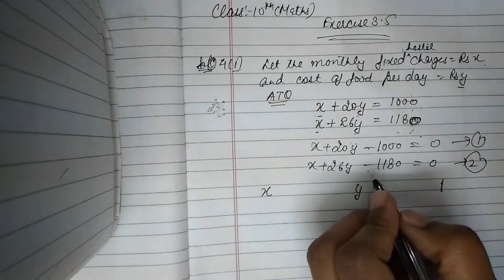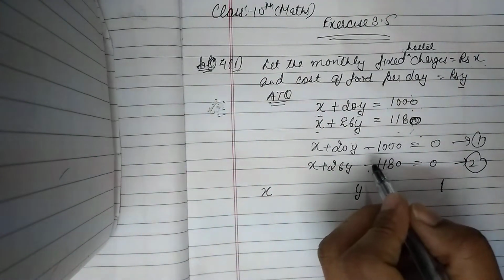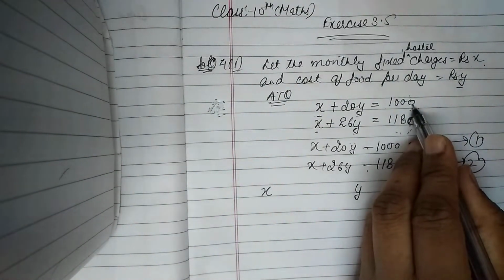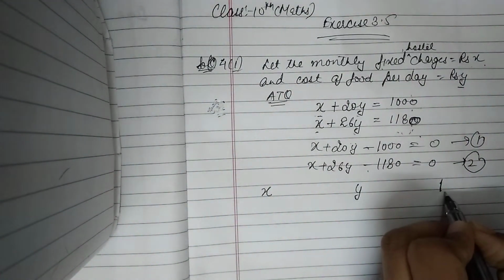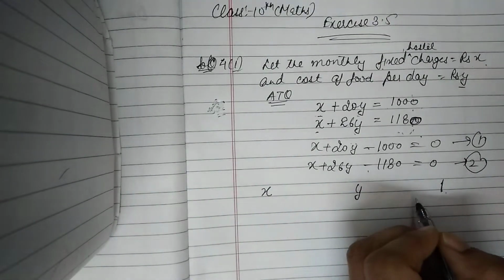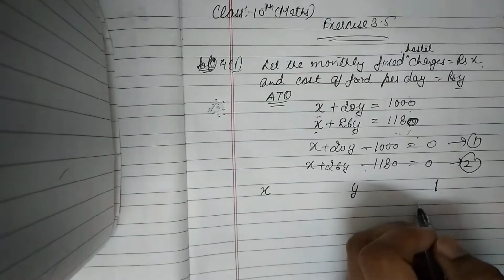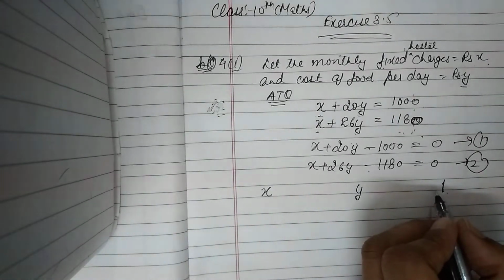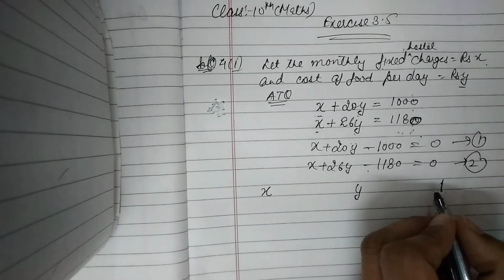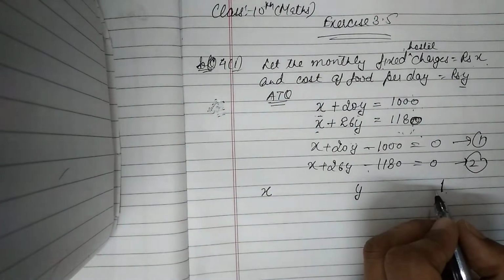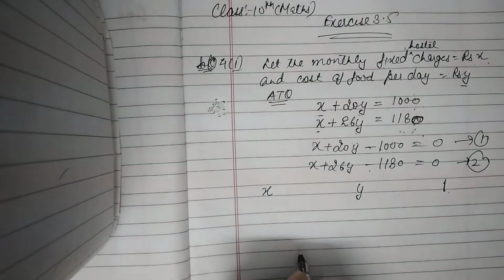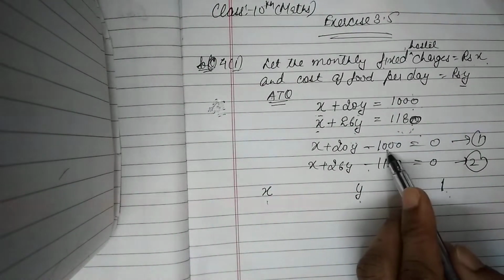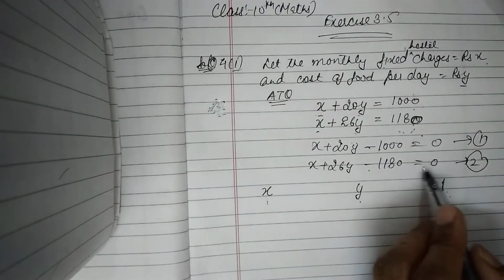If you forget to shift the terms and the constant term is on the right side, you can write -1 here. Otherwise, if you do not write the -1 here, there is a mistake in the minus sign. Now write here x, y, 1 because the constant term is on the left side and the equation is equal to 0.